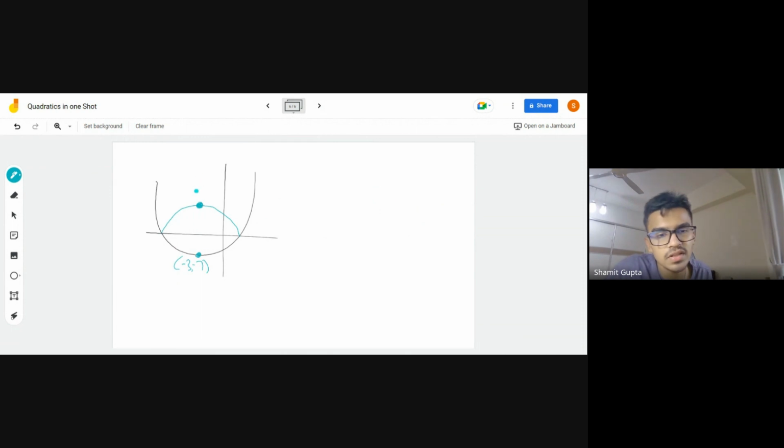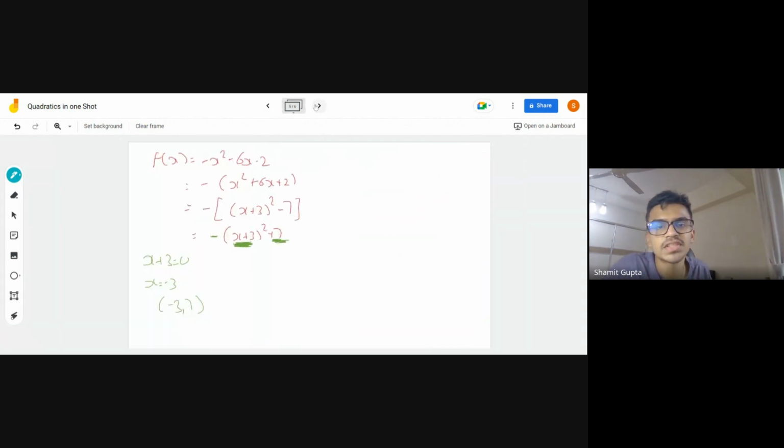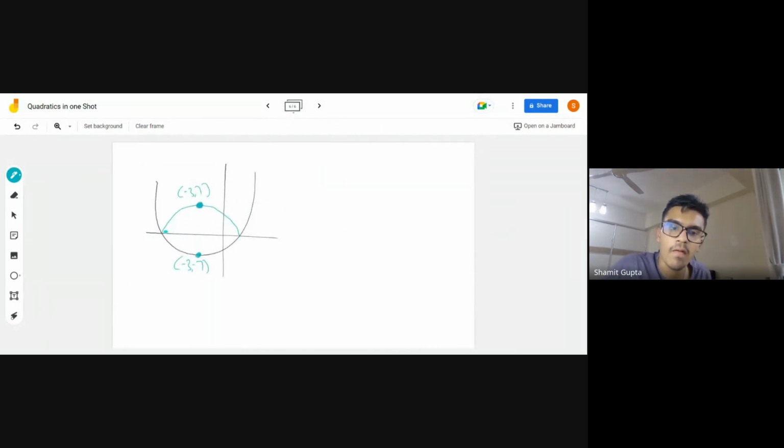If you modulus it, this will become (-3, +7). So the modulus of this graph, x squared plus 6x minus 2, looks something like this. And this point will be (-3, +7). You just have to reflect the negative part over the x-axis.